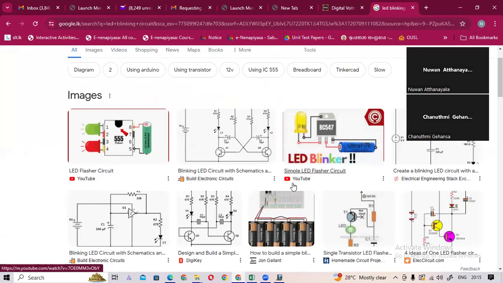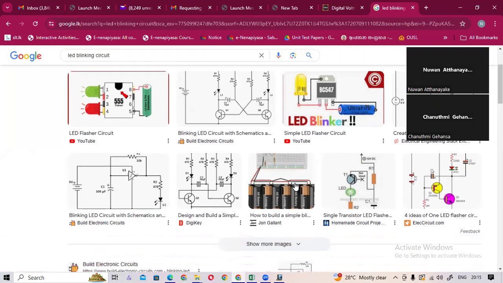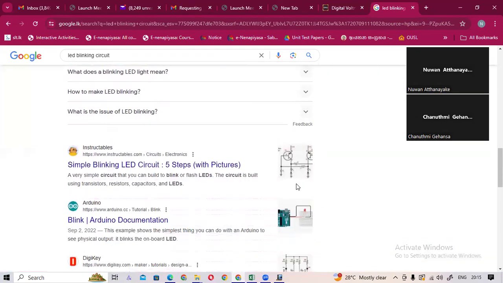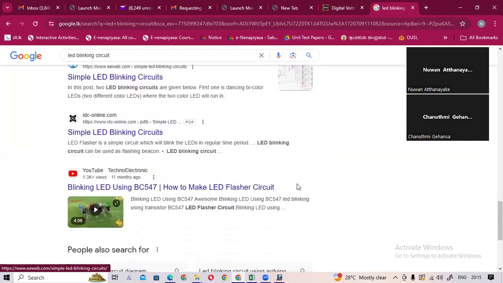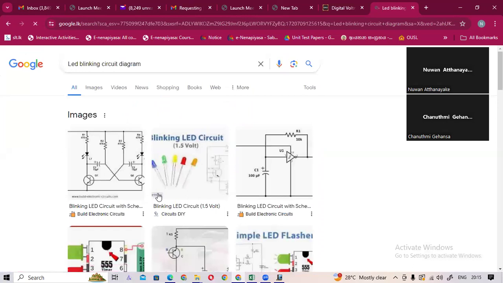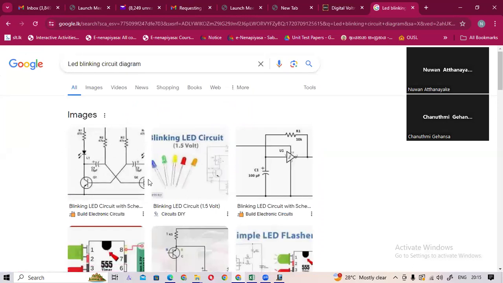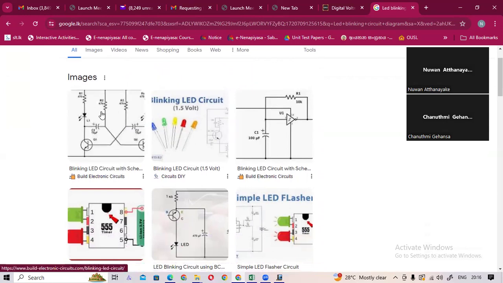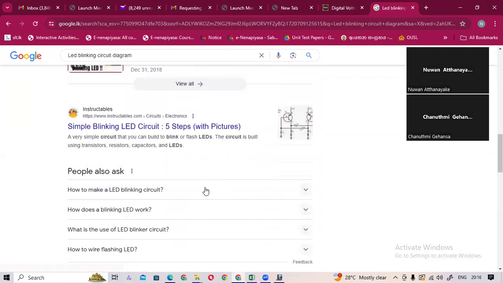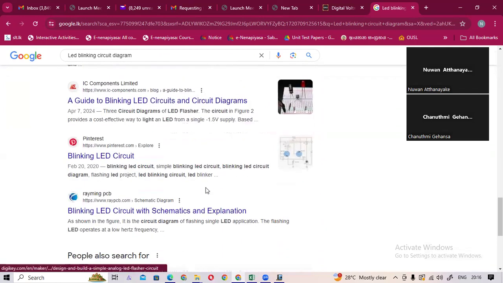Then we have maybe two LEDs on and off. This is a multi-vibrator, actually. This is not what we are using. I can't find that one.